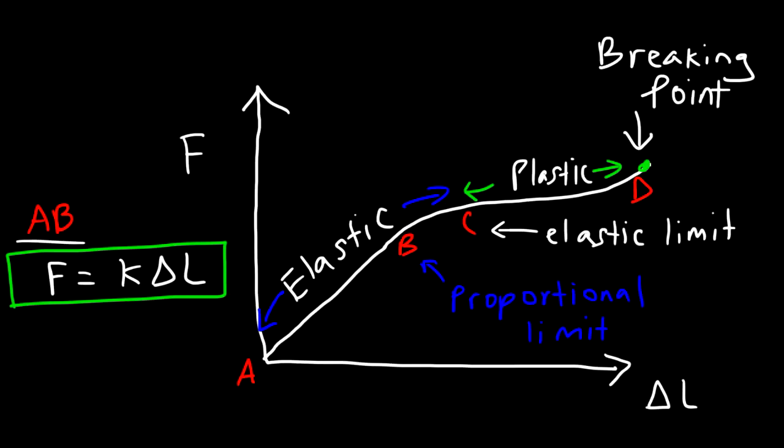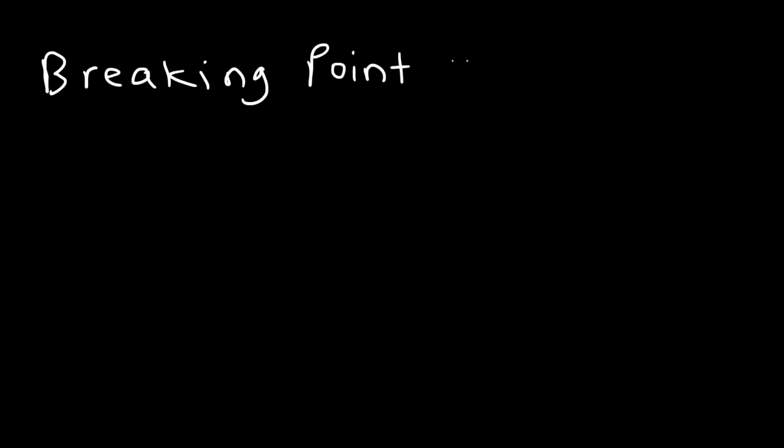Now, the ultimate strength of a material tells you the maximum force that can be applied without breaking the material, or basically the maximum force that takes you to the breaking point. Beyond that, the material is going to snap. What I want you to understand is that the breaking point represents the maximum elongation, so you could think of it as delta L max.